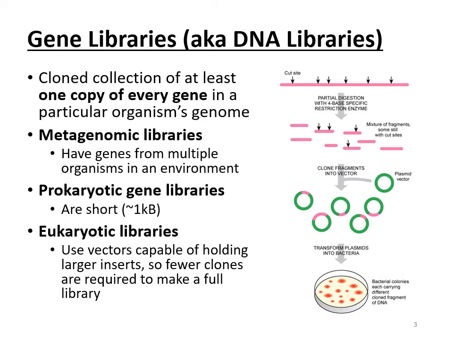So as you see in this figure here, we can take an organism, let's say a bacteria's entire genome, so every gene it has, and what we do is we chop it up, and each piece ends up in a plasmid. And then we do transformation, and you get a single plate that has all of the genes of that bacteria's genome represented in that single plate.